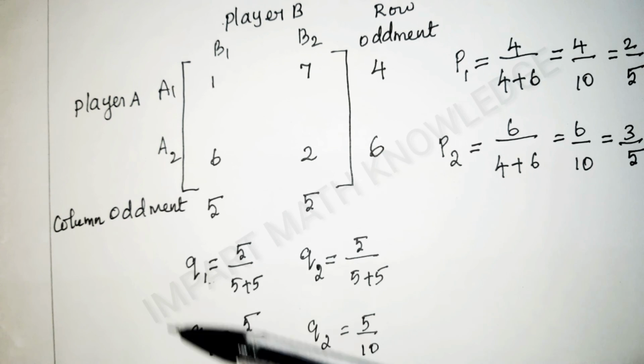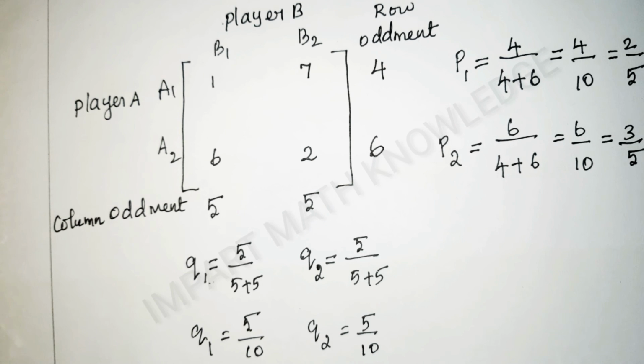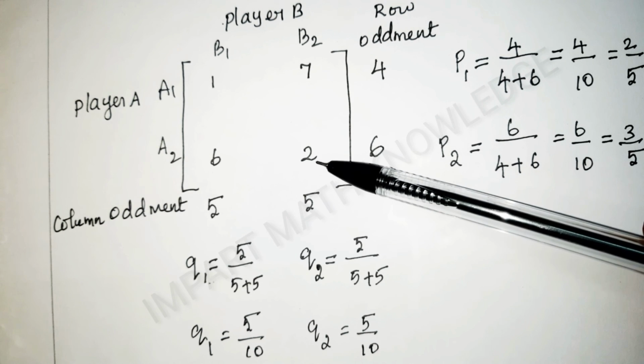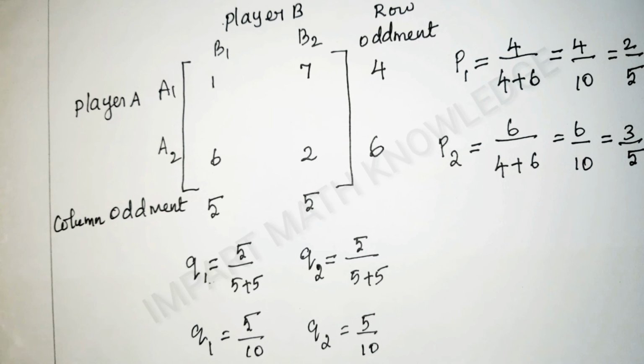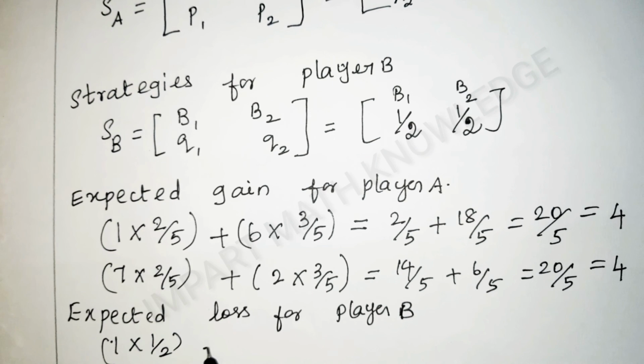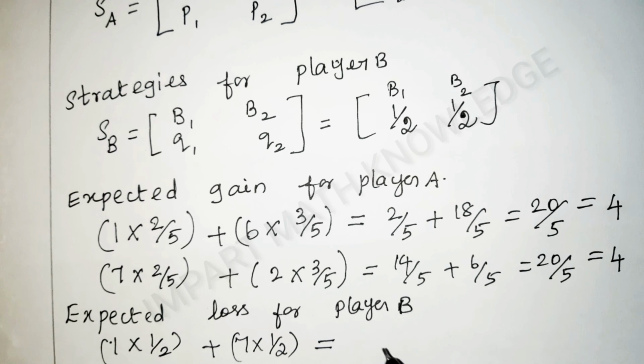For the first row values, that is 1 into 1 by 2 plus 7 into 1 by 2, which is equal to 1 by 2 plus 7 by 2, that is 8 by 2. This is equal to 4.